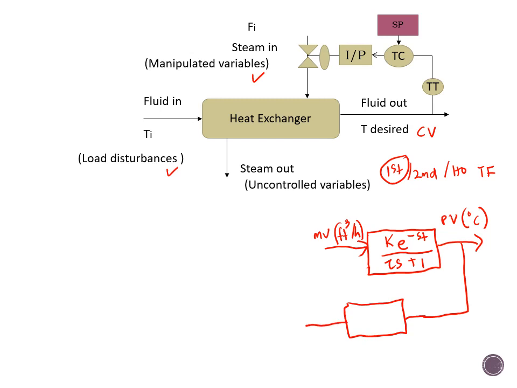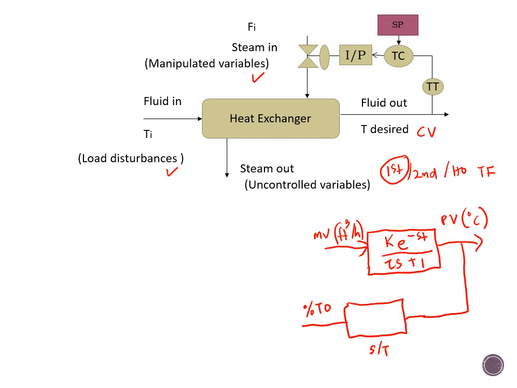The input for the sensor transmitter would be in degrees C, where the sensor transmitter measures the temperature of the fluid out in degrees C, and the output of the sensor transmitter block diagram would be, for example, we take it as %TO. It could be in mA, and so on and so forth.